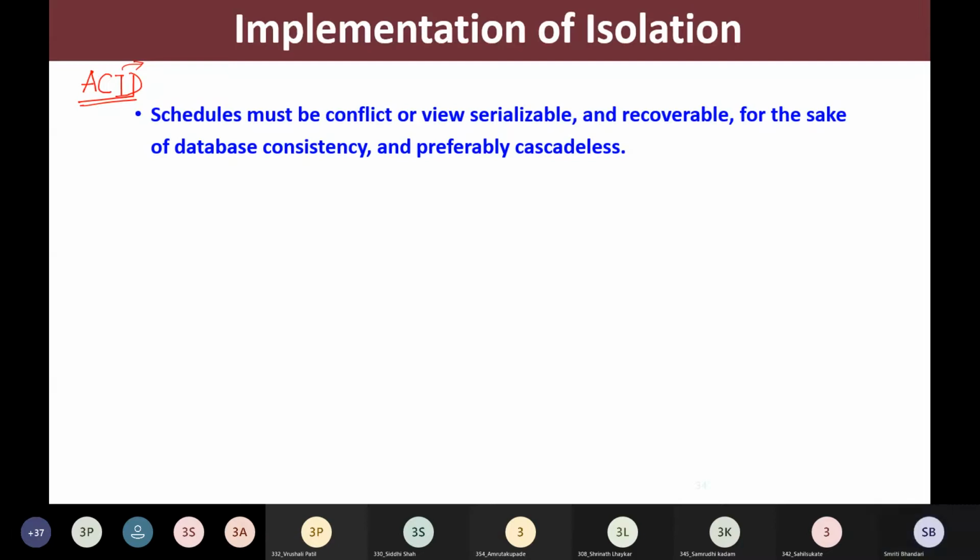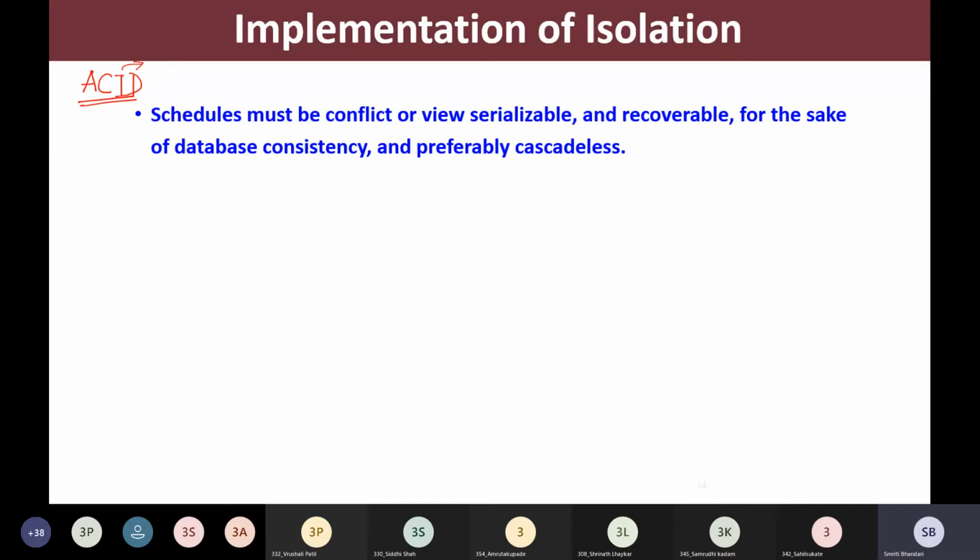So as we have seen in the last class, the system prepares the schedules. In fact, we have a special program known as a scheduler, and that scheduler generates the schedules.